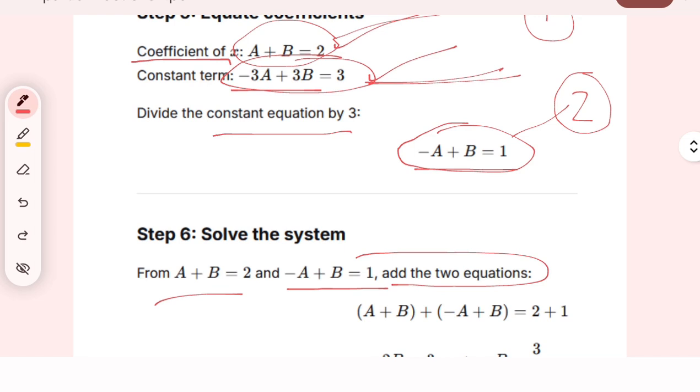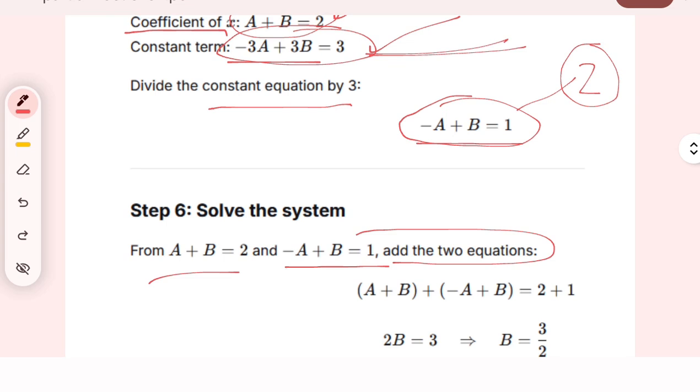If you haven't watched my previous videos on how to solve two equations with two unknowns, you can apply substitution or elimination. There are different methods on how to solve for a and b in linear equations. In this case, we can add the two equations.